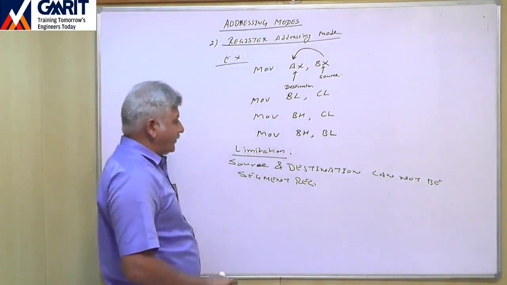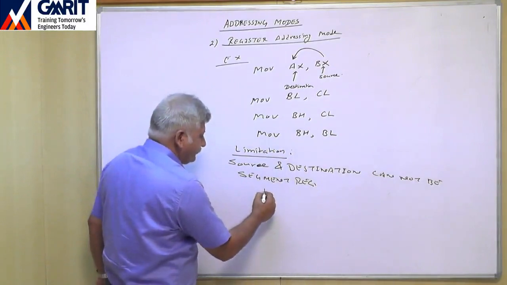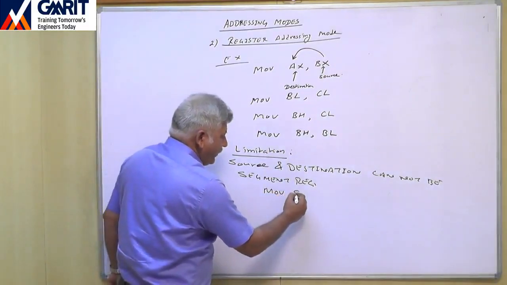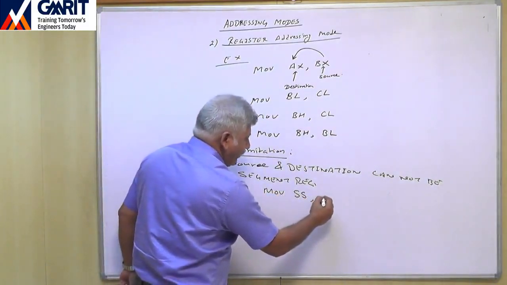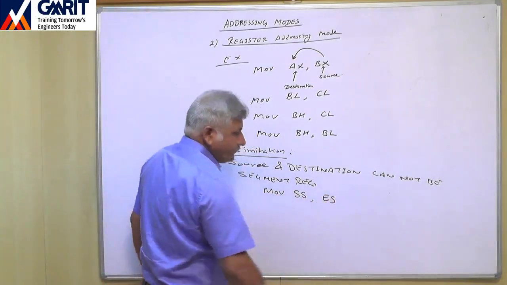Both cannot be segment register. For example, move SS, ES.